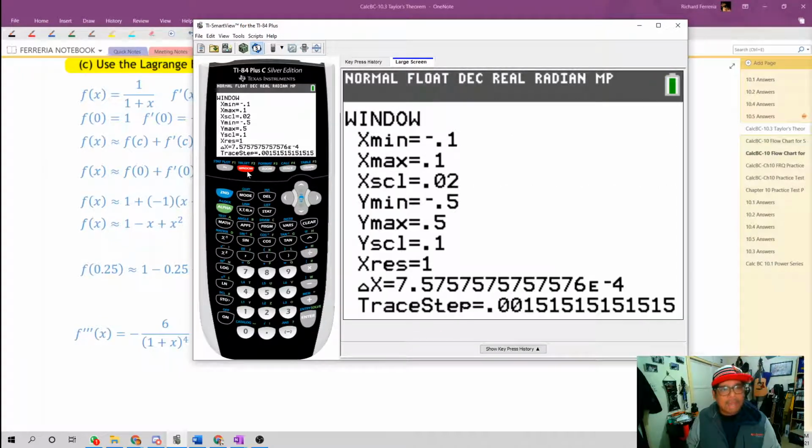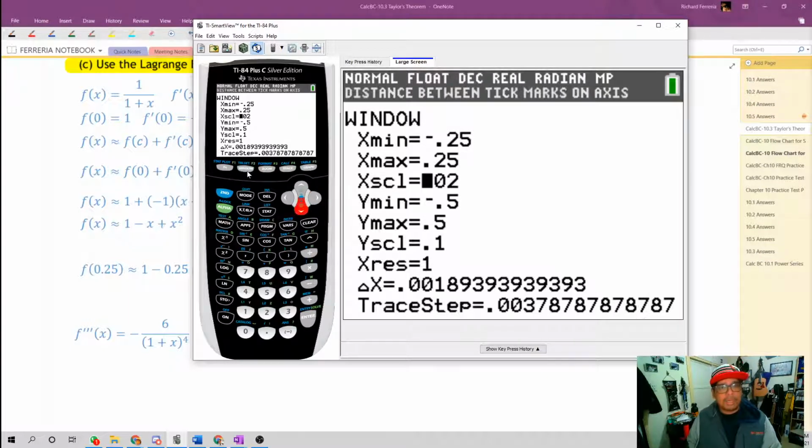And my center of my polynomial was 0, and I'm estimating 0.25. So 0 minus 0.25 is negative 0.25, and 0 plus 0.25 is positive 0.25. Let's keep that scale at 0.05, so I'll get 5 tick marks to the left and to the right.